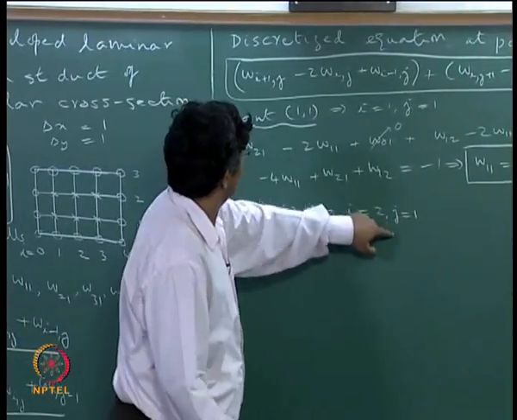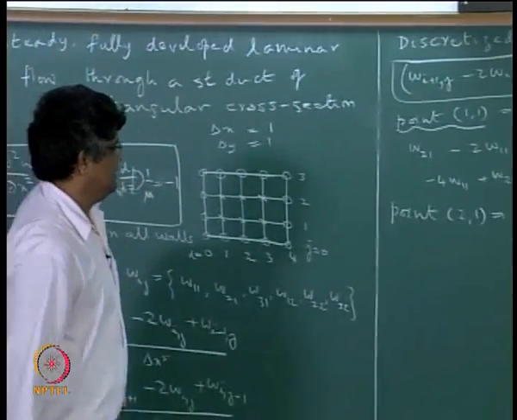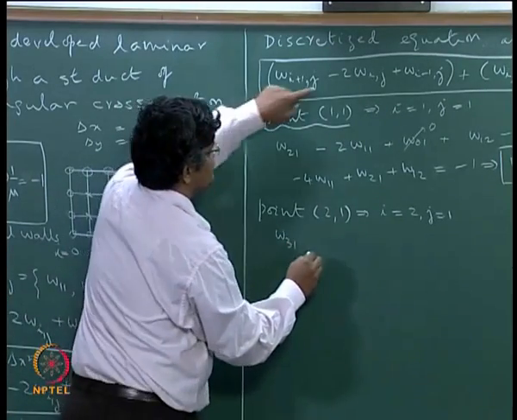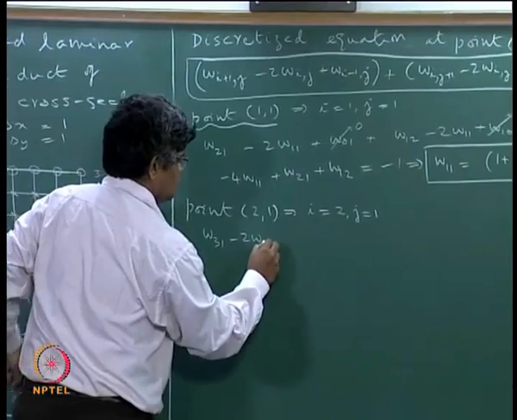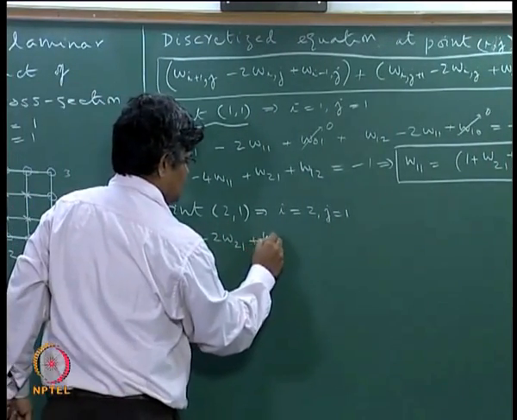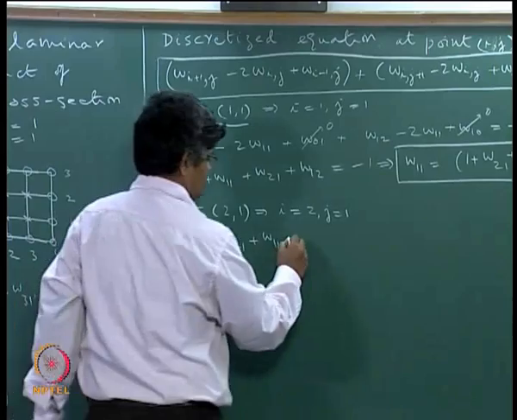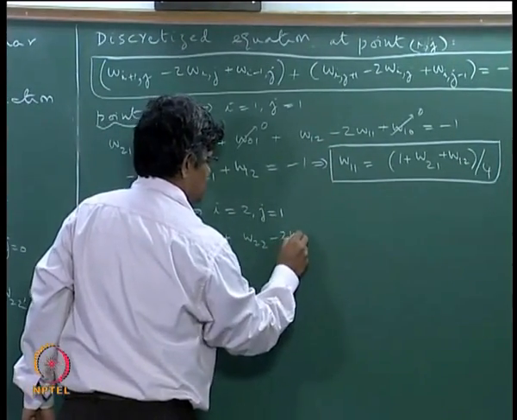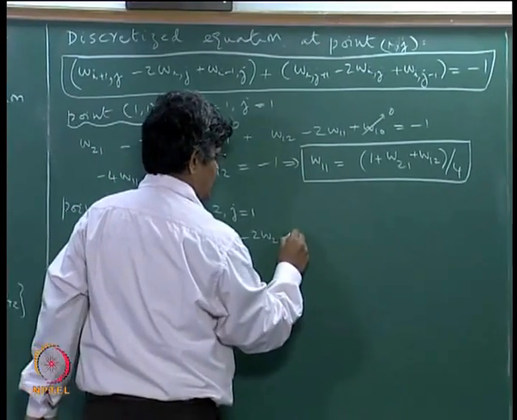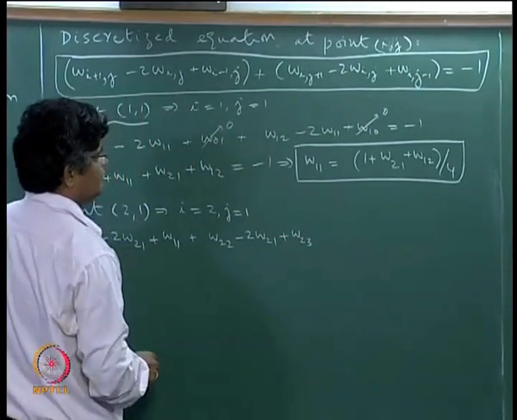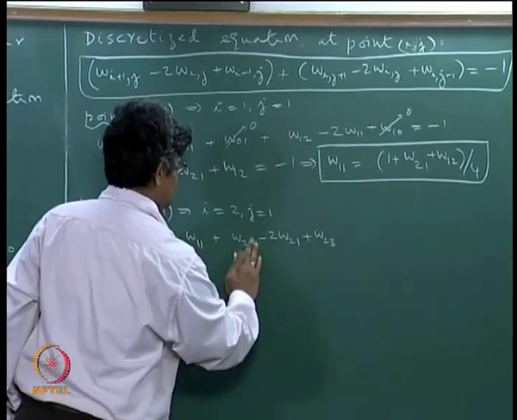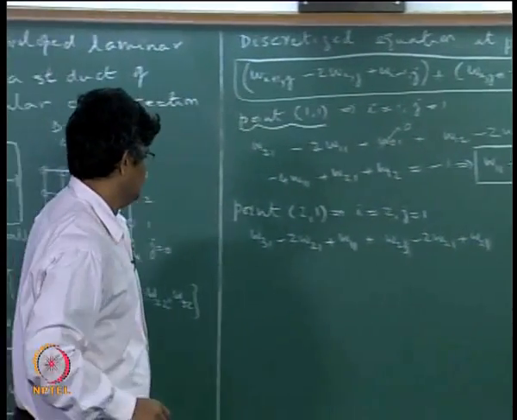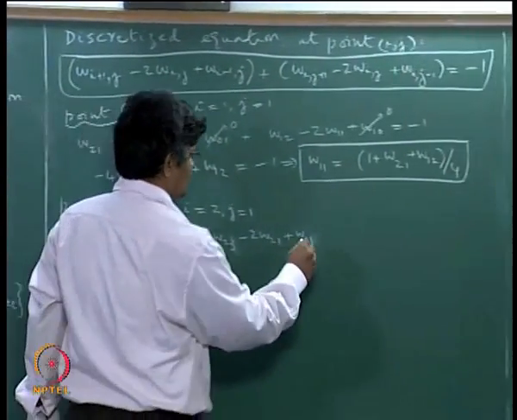So we substitute these values again in this equation, and we should be getting W31 minus 2W21 plus W11 plus W22 minus 2W21 plus W23. This is 23 and this is 21, and this whole thing is equal to minus 1.